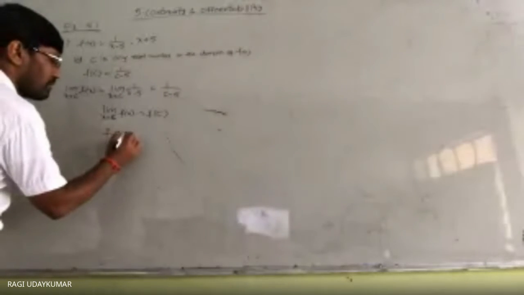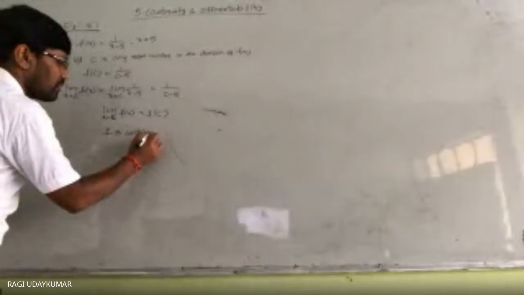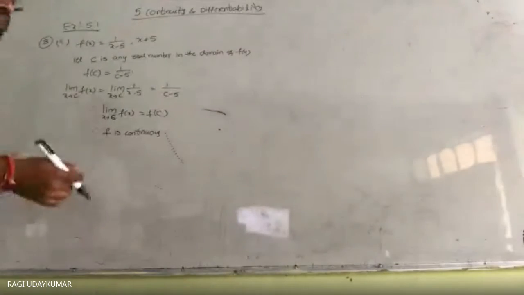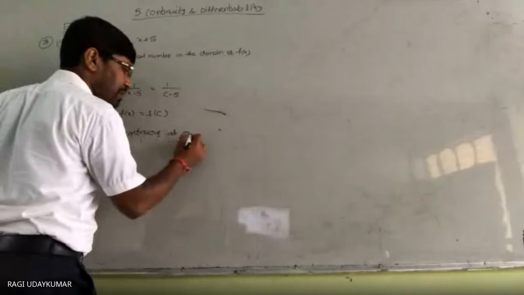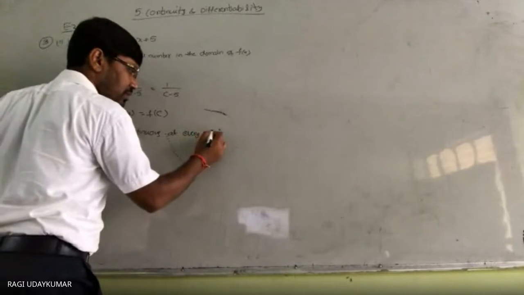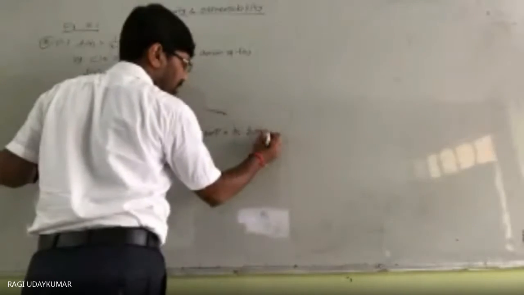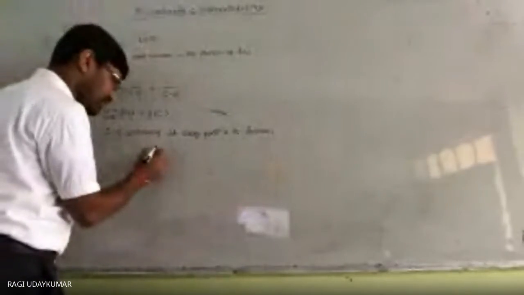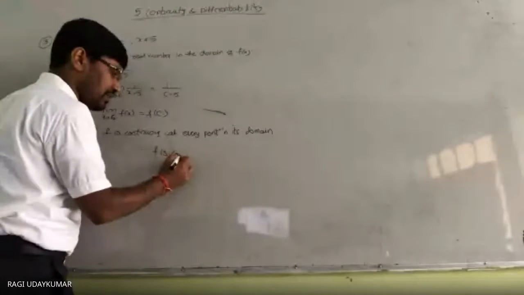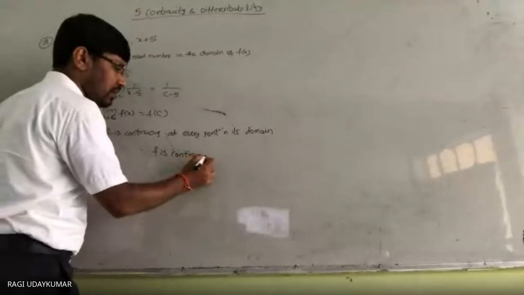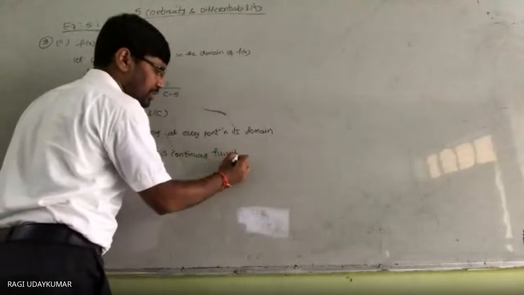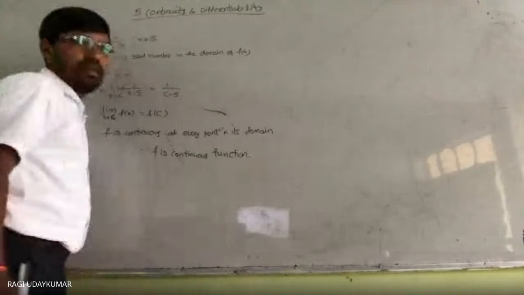Therefore, f is continuous at every point in its domain. When f is continuous at every point, we call it a continuous function.